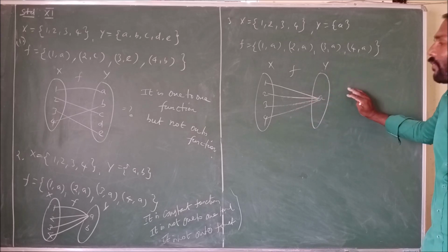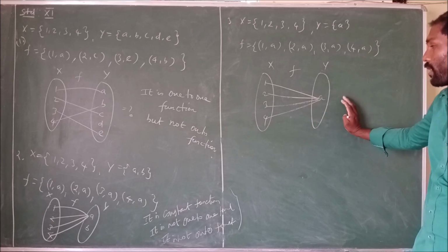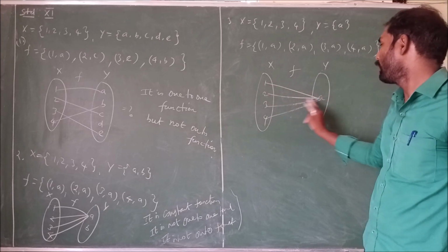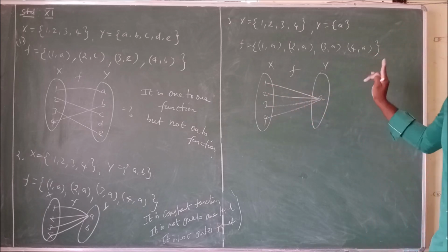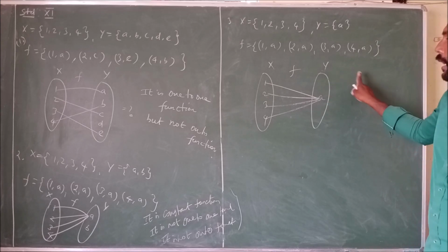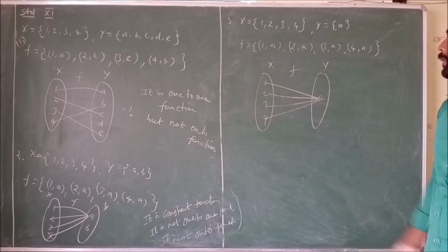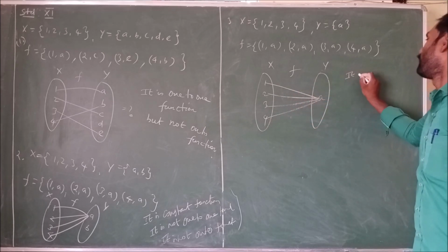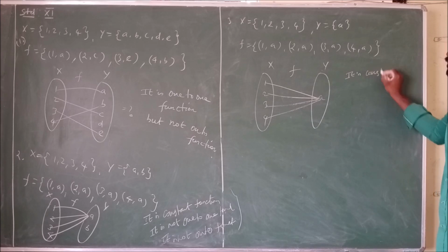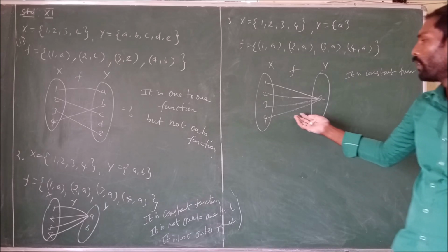What type of function is it? It is a constant function, because every element maps to a single element in A: F of 1, F of 2, F of 3, and F of 4 all map to A. Next, is it one-to-one?